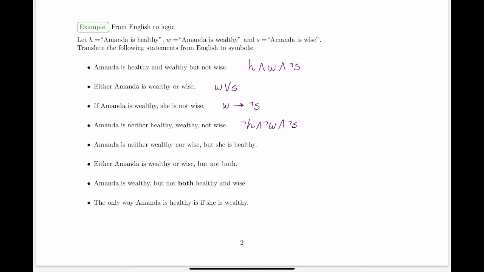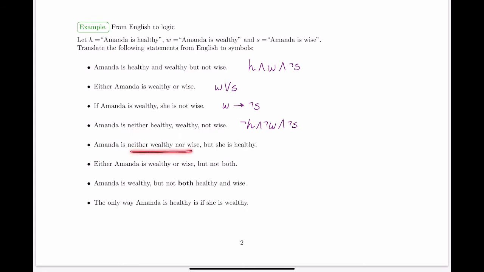So again, the trick is to think about the actual meaning behind the statements, not necessarily the grammatical structures. Different grammatical structures will often correspond to the same logical statements. For example, the "but" here is an "and", and "neither nor" is an "and" with the negation all over the place.